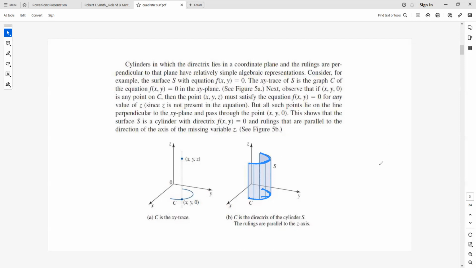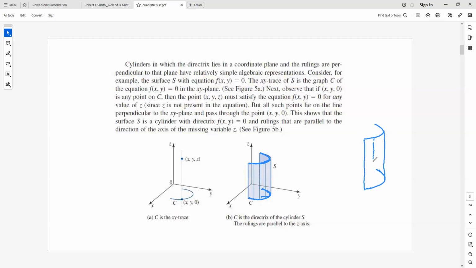So we can just draw this like this, by making a parabola here and then a parabola here, right? And then just joining the ends to make the surface, right? Like this.